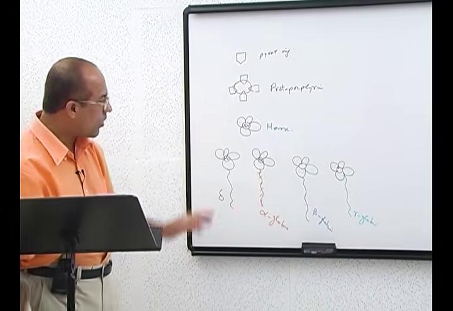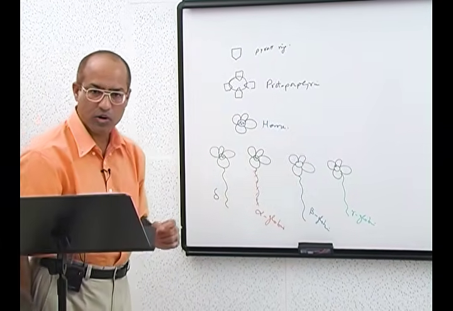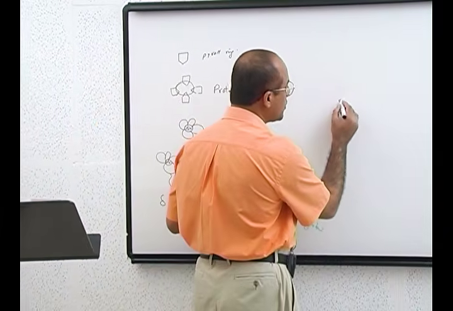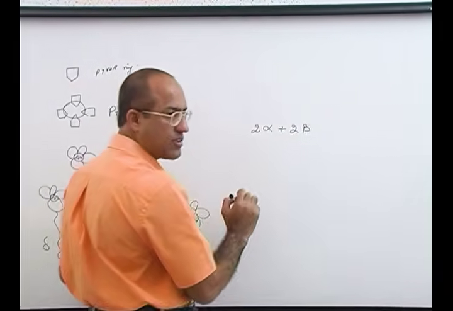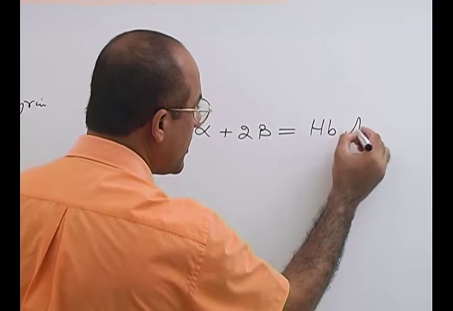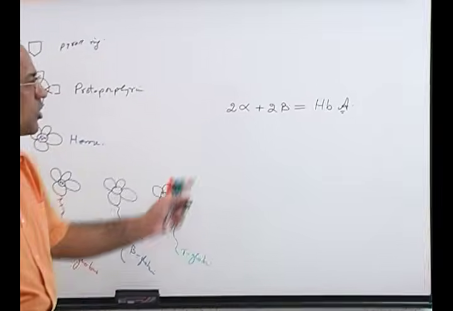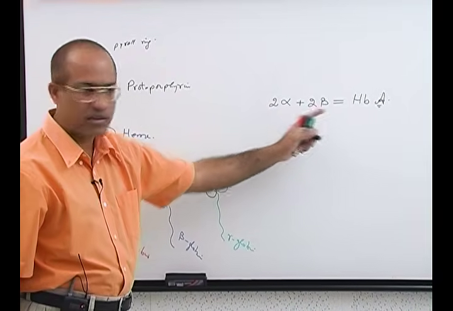Is that right? Now, these are different types of monomers of hemoglobin. If there are two monomers with alpha chains plus two monomers with beta chains, then this hemoglobin is called hemoglobin A. A for adult, because in adults most of the hemoglobin has two alpha chains and two beta chains.